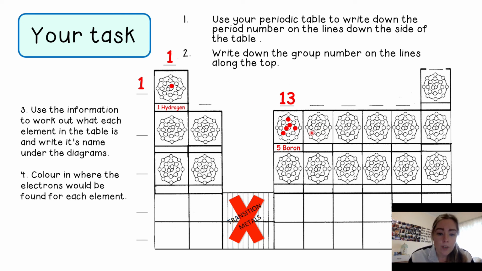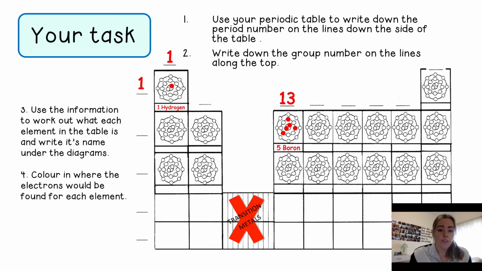For boron, what I've done is I've filled in the first 2 electrons in the first shell. Then for the last 3, because we know it has 5 because its atomic number is number 5, so 5 protons, 5 electrons, I've put the next 3 in the second shell. So bringing us to a total of 2 plus 3 is 5. All of them are as close as they possibly can to the nucleus. So yeah, that's your task, is to do all of those electron shells that are on there.